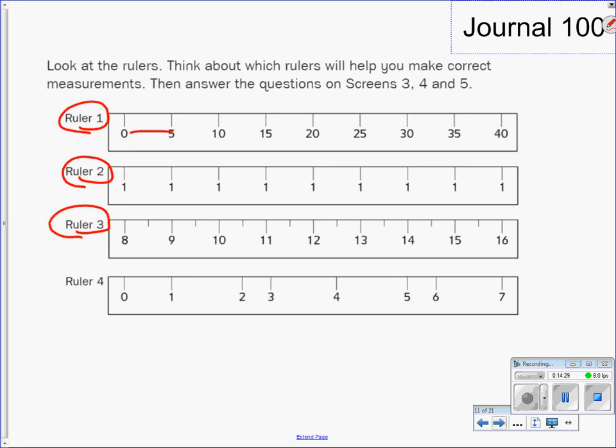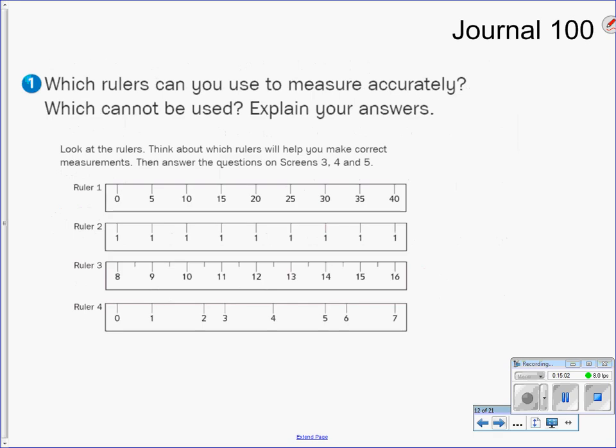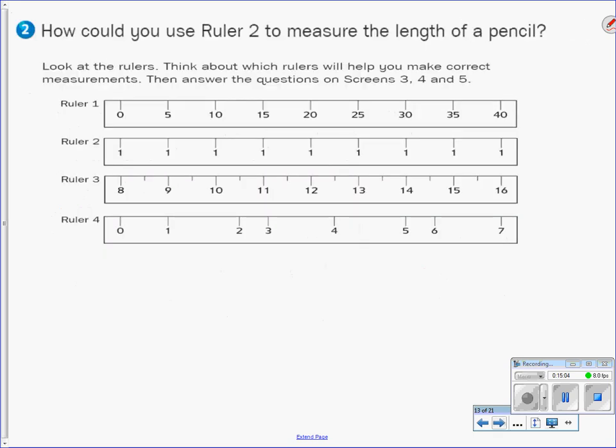These are your units. You look here, they're the same distance, same size units. It doesn't matter what unit they are, but they're the same size. Notice down here with ruler 4, we go from 0 to 1, and then look how close this unit is. So it's different. Then we go wide here, and we go close together again. So those units we could not use because the units are not the same size. And I think we answered that question already.